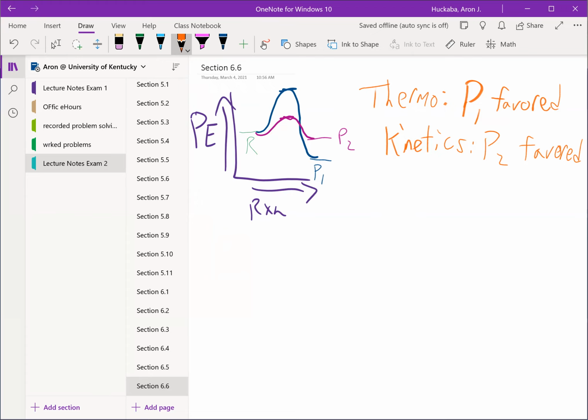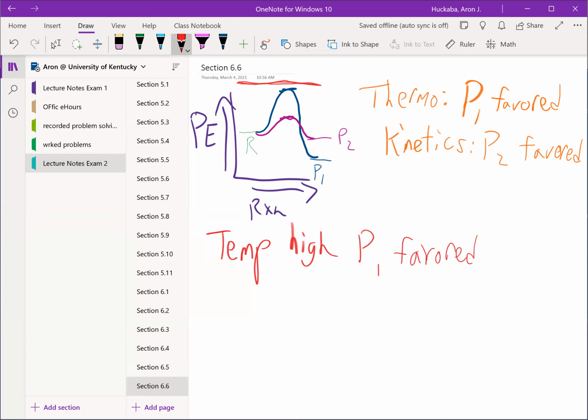So if we were to, let's say, we're going to put temperature in red here. If the temperature were really high and there was so much energy that the system could come into full equilibrium and choose the most beneficial negative delta G value, if the temp is high, then P1 will be favored because of the thermodynamic equilibrium that we reach.